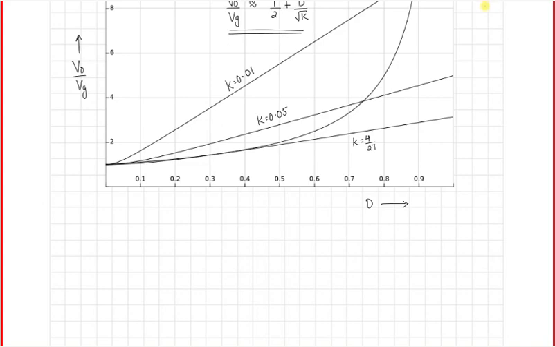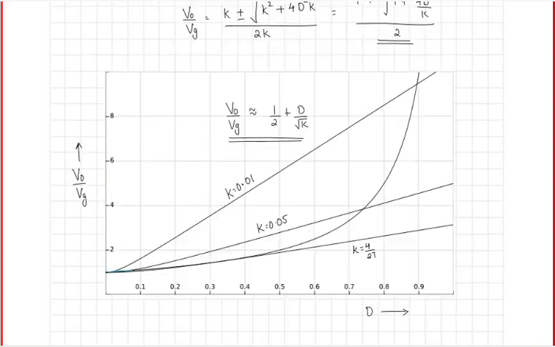So if the k is some value like 0.05, then it will initially progress along this curve which I have plotted, VO by VG equal to 1 by 1 minus d, which is the gain in the continuous conduction mode.